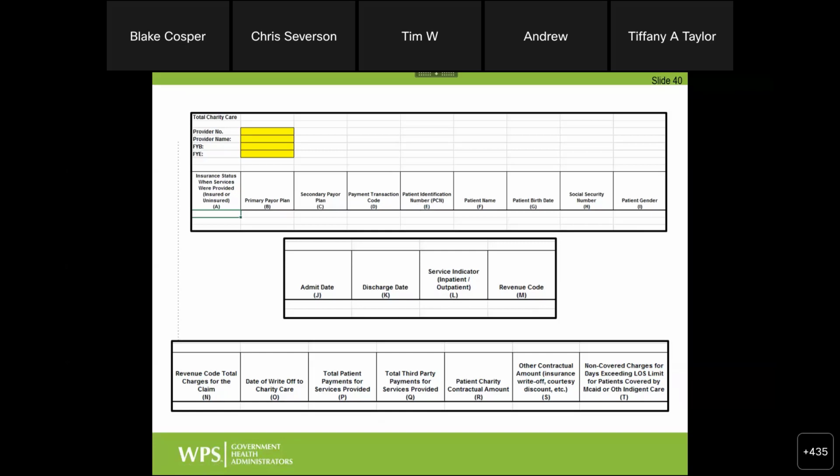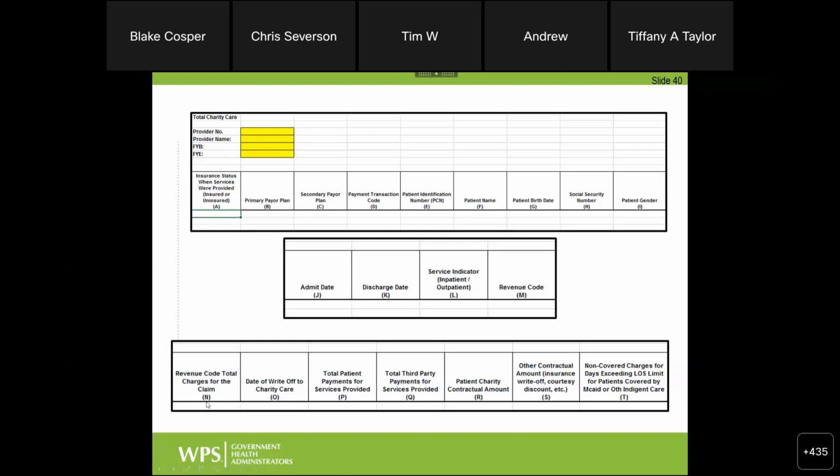And the reason for that is that we'd be looking to find those professional services and exclude them. That's the reason for the revenue code. If you do not have those commingled, if they're in a completely separate system, then there's no reason for a revenue code breakout and your listing gets much shorter.